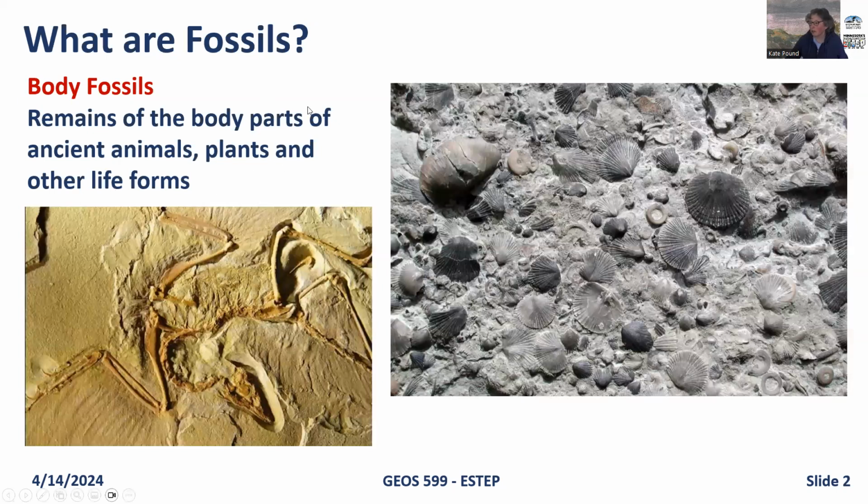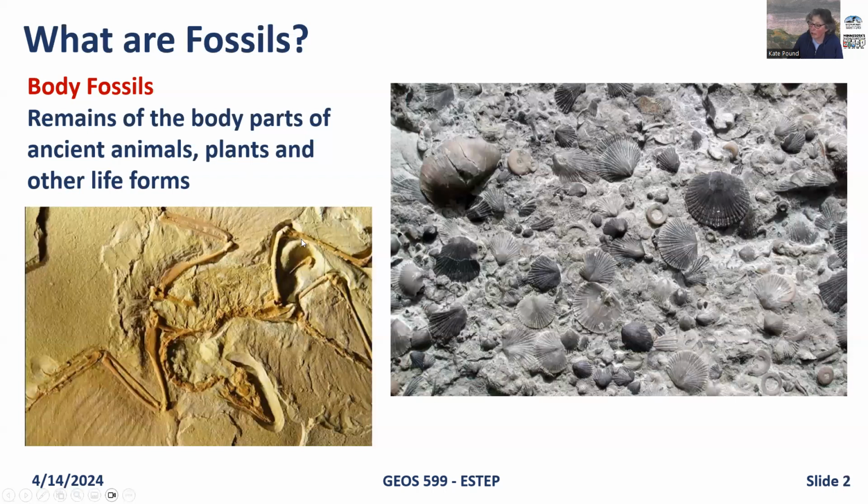So, first of all, what exactly are fossils? We can divide fossils into two main groups. First of all, we have body fossils, and these are, as the name suggests, the remains of body parts of ancient animals, plants, and other life forms.